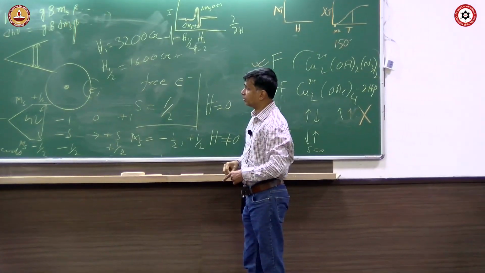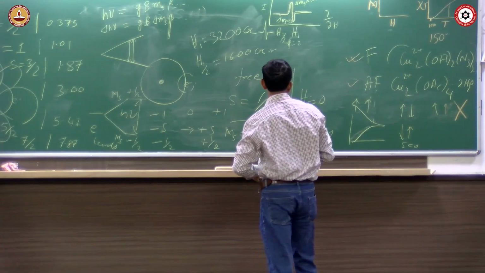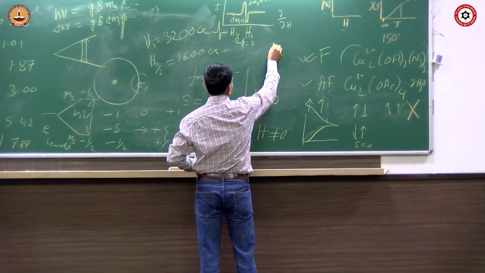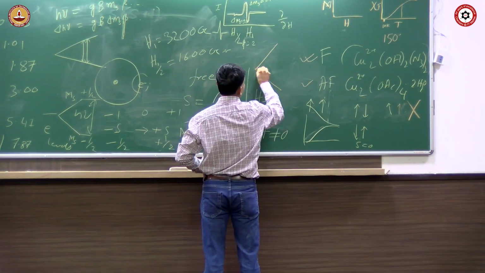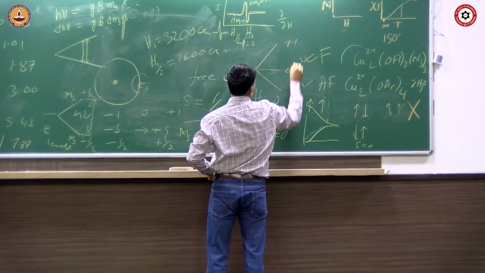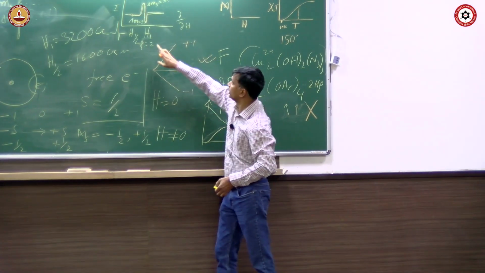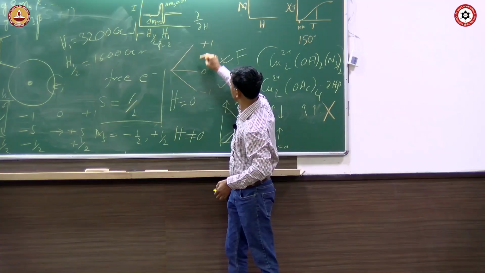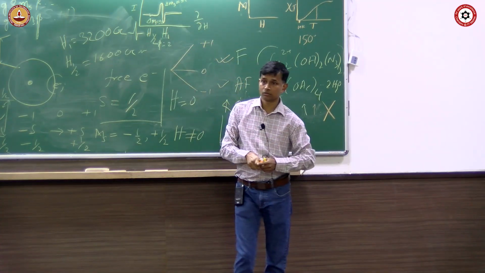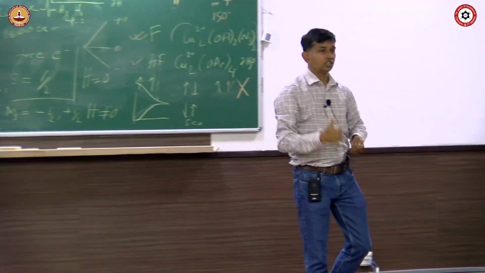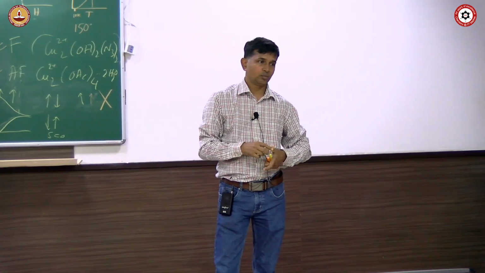But the moment you have a triplet species, it will split into three states: 0, plus 1 and minus 1. The transition from here to here will give this one, and here to here or here to here will give this signal, okay. So that is the difference between a singlet species and a triplet species.